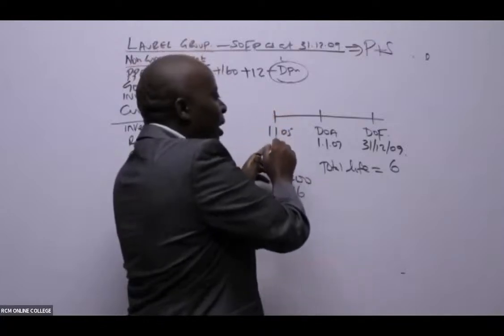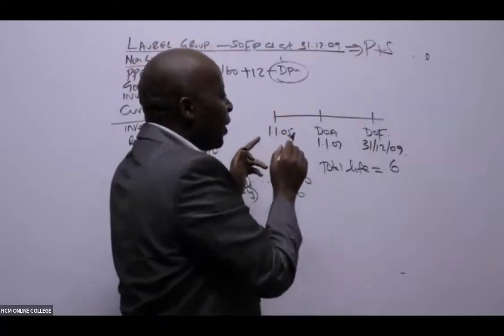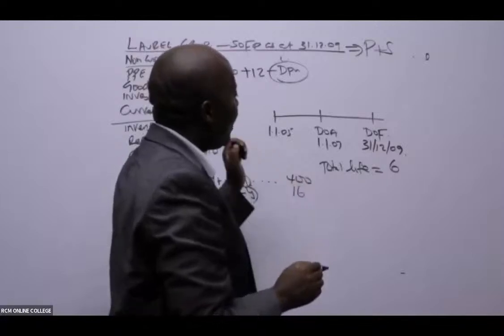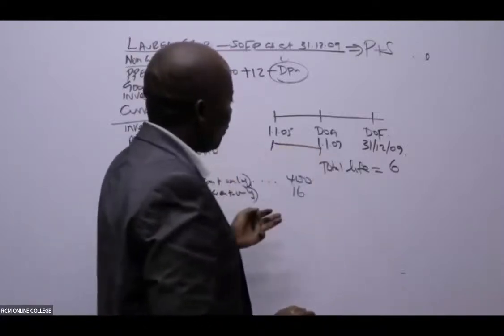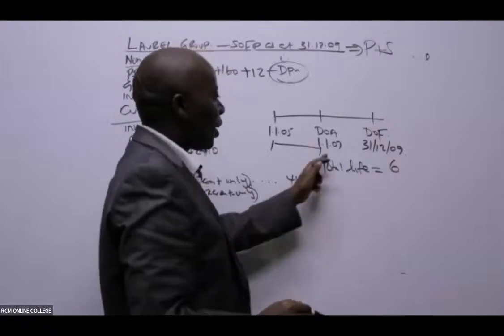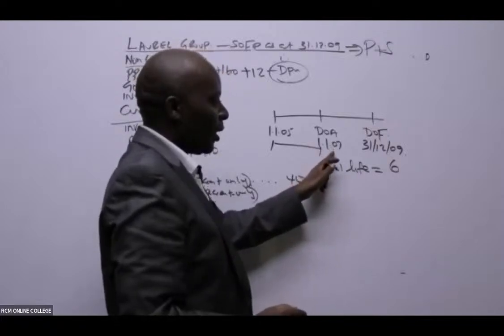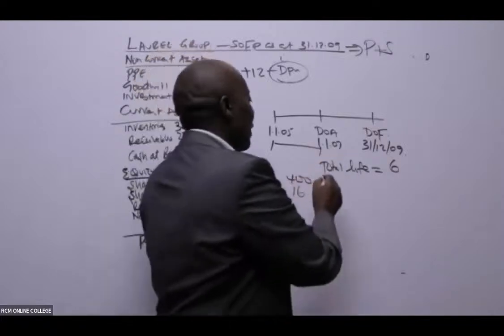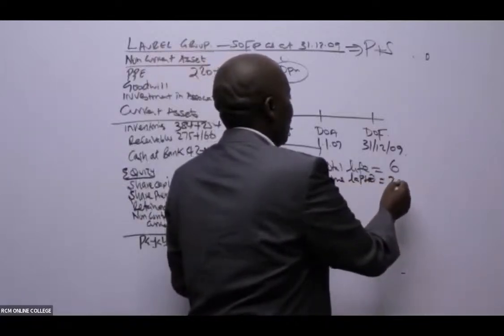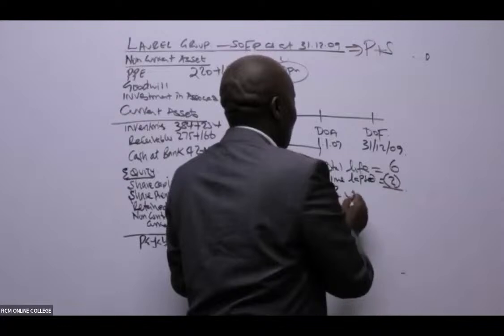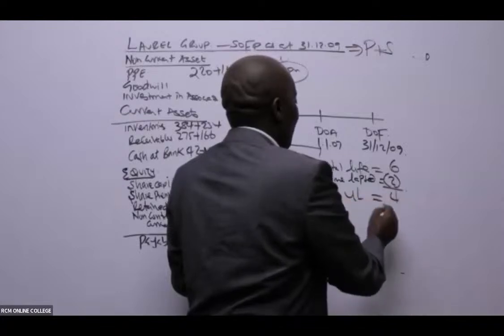By the time we are doing the revaluation, how many years have lapsed? The whole of 05 and the whole of 06. Don't count the whole of 07 because 07 is at the beginning. So the time lapsed is 2.